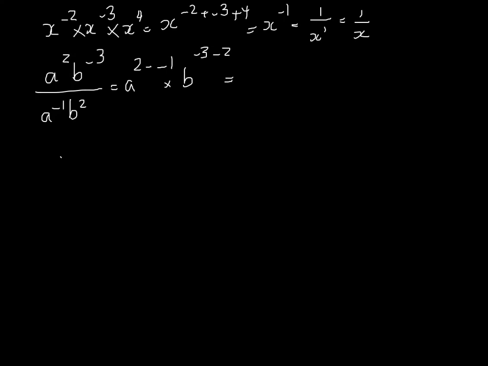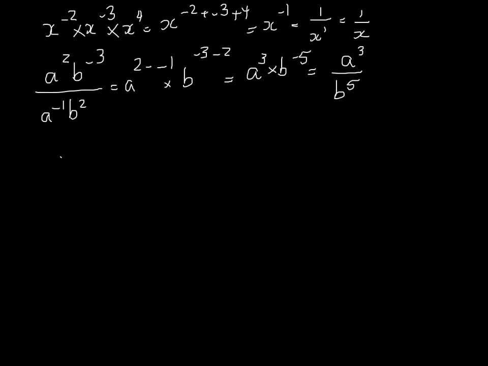This is going to give us a exponent, 2 minus minus is positive, so 2 plus 1 is 3, times b exponent negative 3 minus 2 is negative 5. Since we have to express in positive exponents, I'm going to write this one as a exponent 3 divided by b exponent 5.